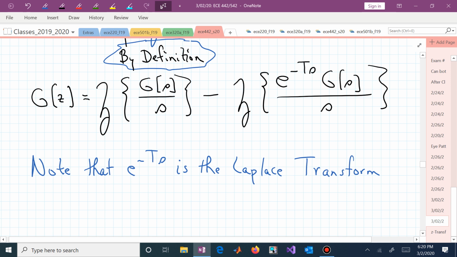A delay of capital T units of time, which is really capital T is one sample period. Note that e to the minus capital TS is the Laplace transform of a delay of T seconds.